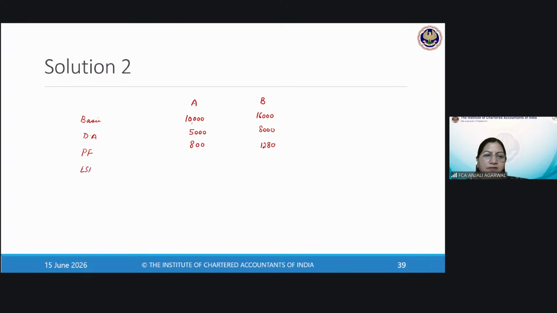ESI 2%. Overtime 1,500. These are the total earnings of workers A and B.